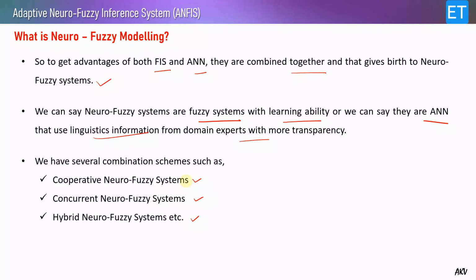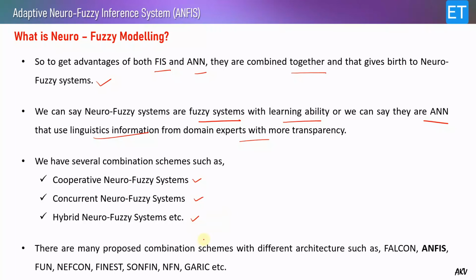After that they are removed and only the fuzzy system works. But in concurrent neuro-fuzzy systems, both work together, and hybrid is also a similar approach. There are many proposed combination schemes with different architectures such as Falcon, ANFIS, FUN, NEFCON, etc. In this video, I'm concentrating only on ANFIS.